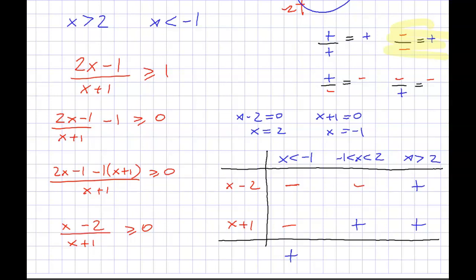That is going to give me this scenario here, which gives a result that's negative. And lastly, a positive divided by a positive will, using the same logic, be positive.